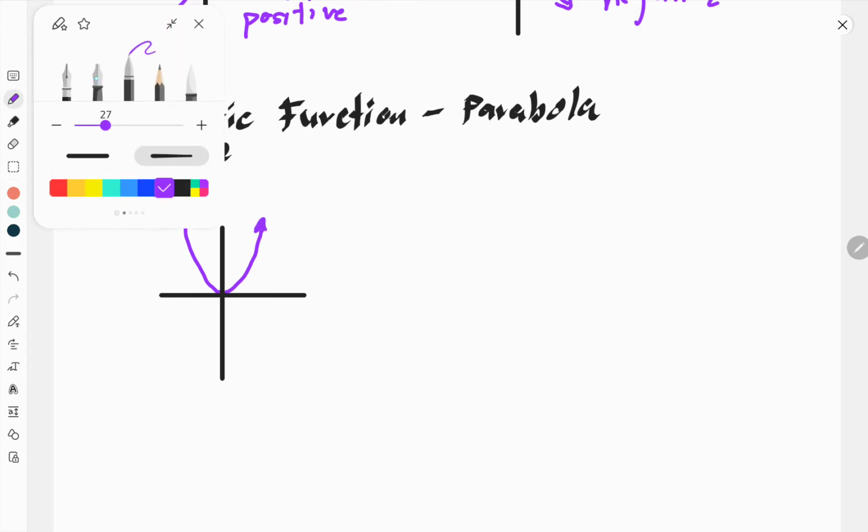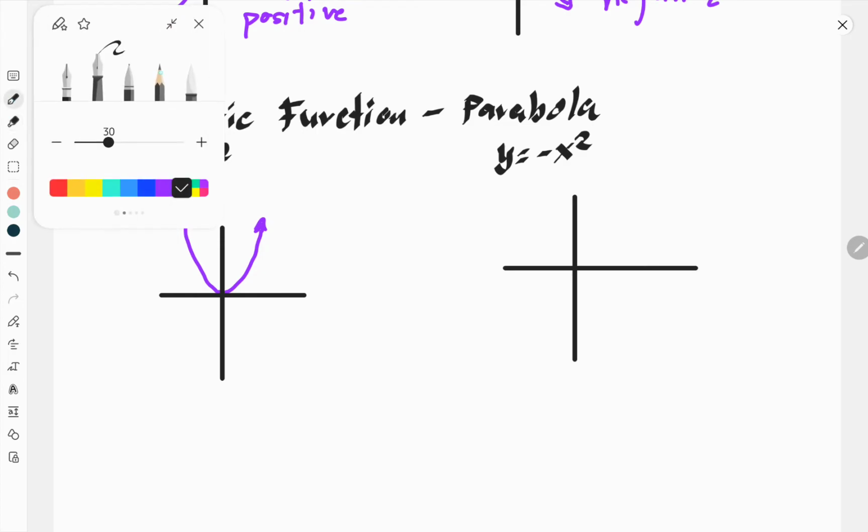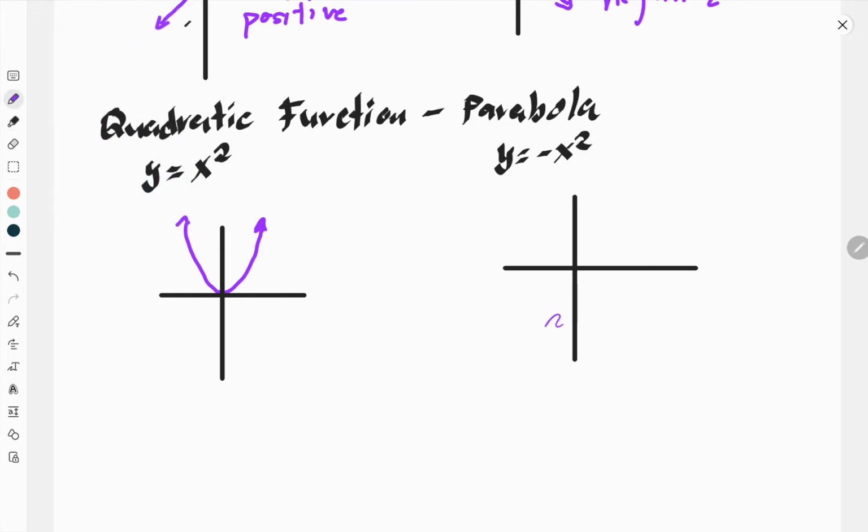If you have y = -x squared, the opening will be downward. So assuming that is a U, it would intersect once again at the origin.